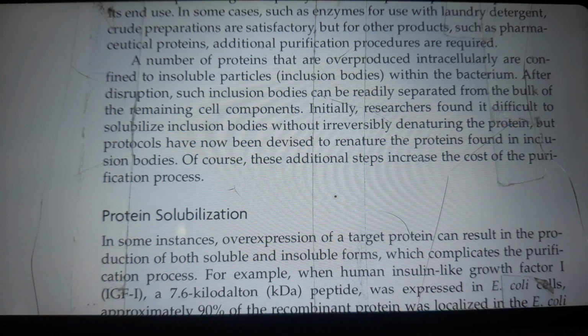Initially, researchers found it difficult to solubilize inclusion bodies without irreversibly denaturing the proteins. But protocols have now been devised to renature the protein found in the inclusion bodies. Of course, the additional steps increase the cost of the purification process.